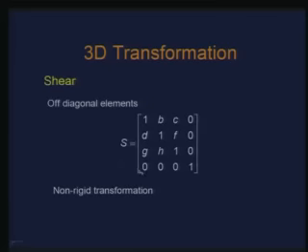Again, when we see the transformation of shear, basically here we have the non-zero off diagonal terms, right, that give us the shear transformation, and shear is a non-rigid transformation. We observe a distortion in the shape, right.